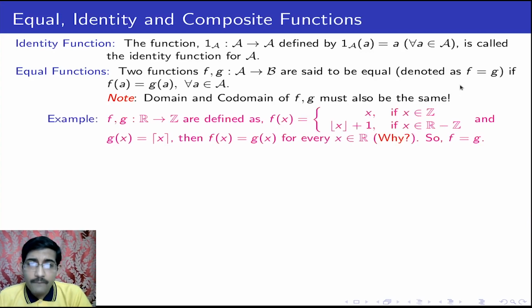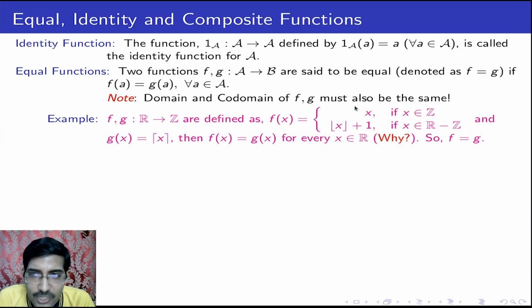Let us take an example. Let us take functions f and g from real to integer domain. We declare f(x) = x if it is just an integer, and floor(x) + 1 if it is a real, I mean, not an integer but a real. And another function g(x) = floor(x).